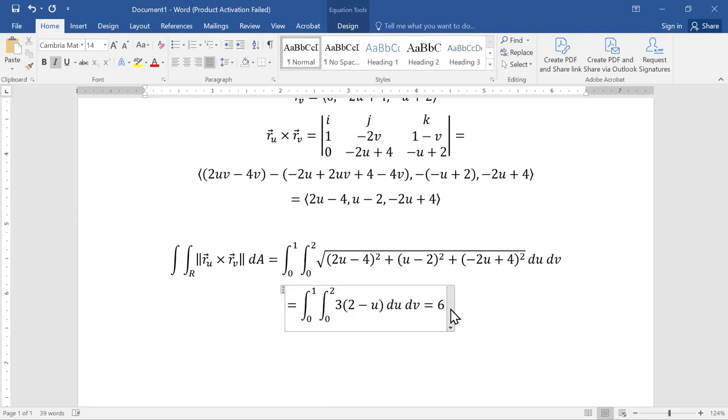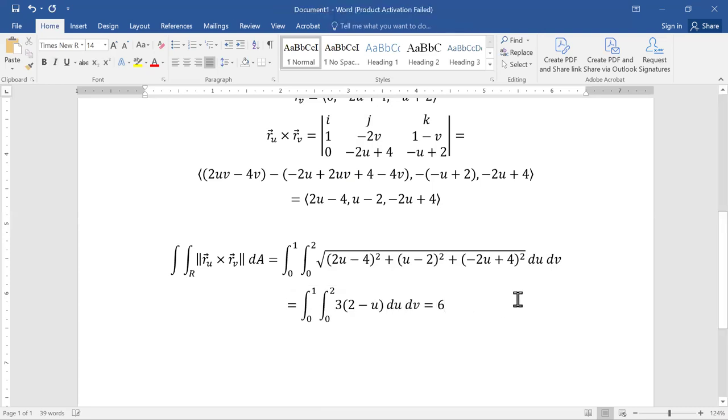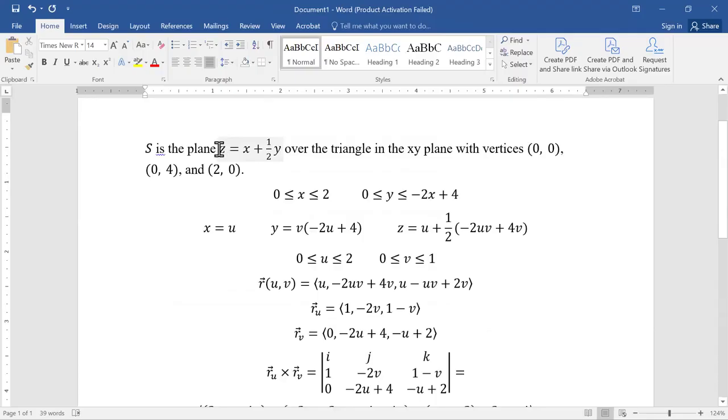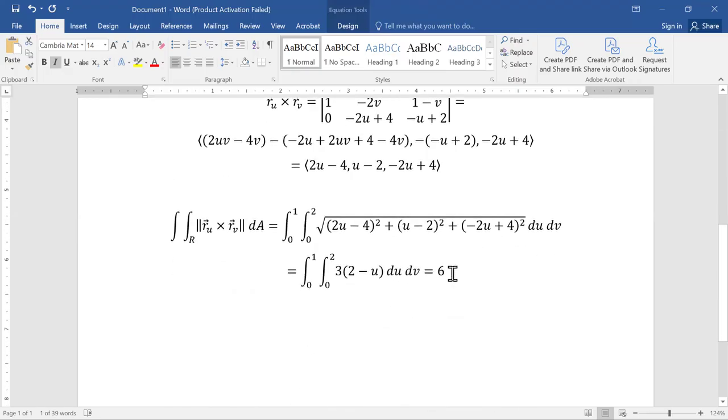So it turns out the surface area of this plane over that triangle is 6 square units, whatever units we'd be dealing with. So that's the surface area in this case.